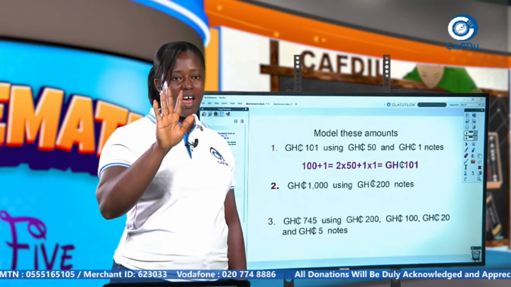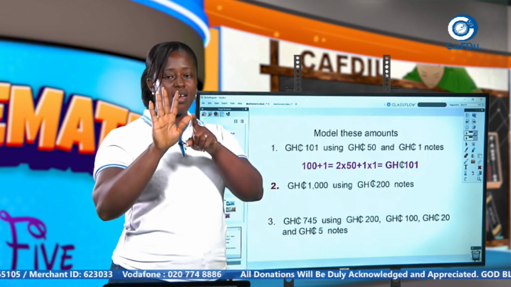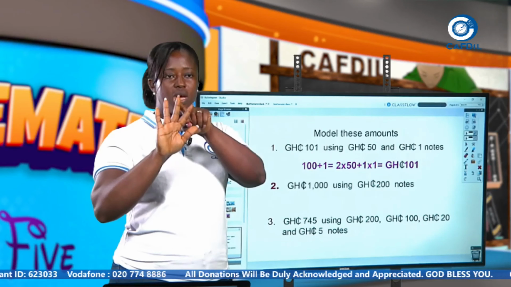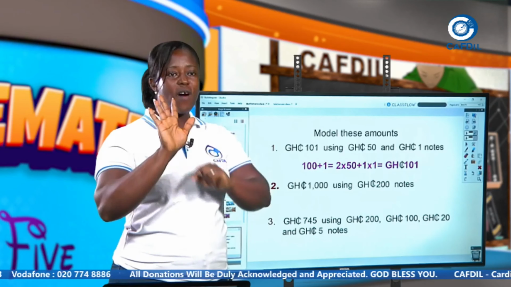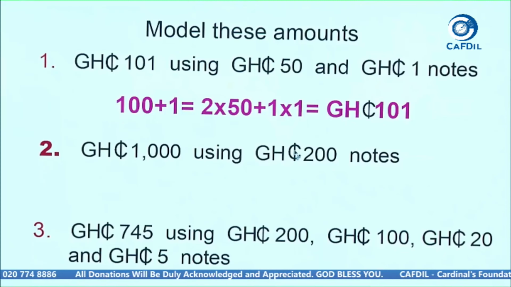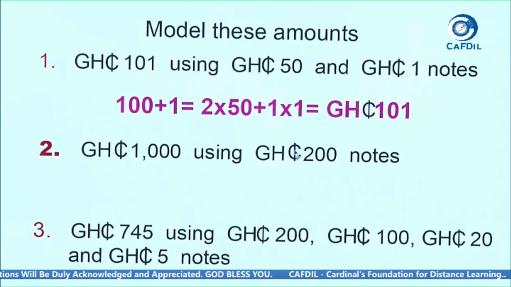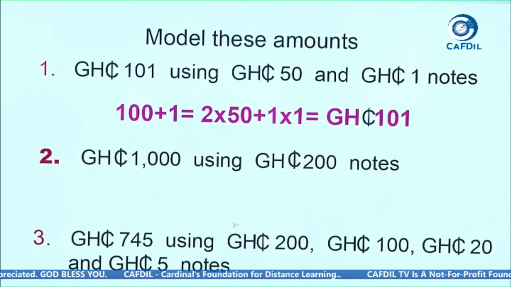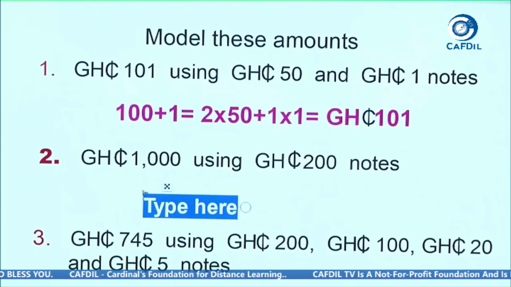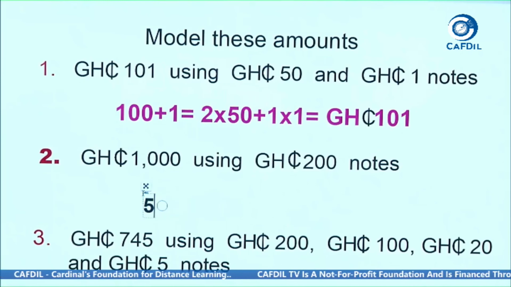Yes, we had 5. 1, 2, 3, 4, and 5. So it means we are going to use 5 of the 200 cedis notes. When we put it together, we will get 1,000 Ghana cedis. So 200 cedis, 5 times 200 cedis.